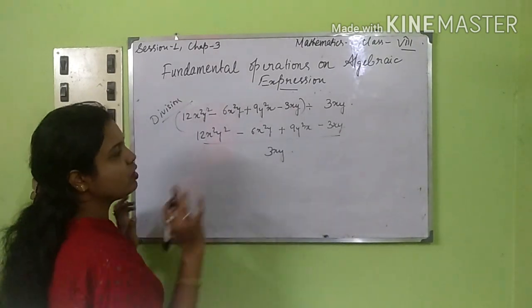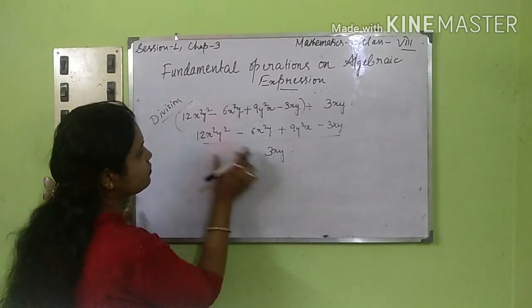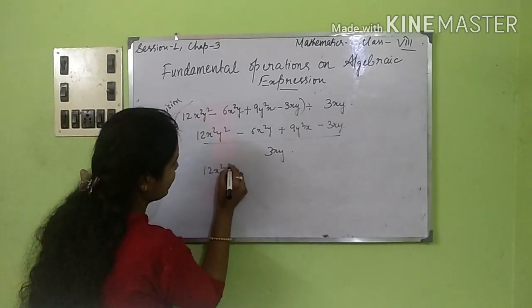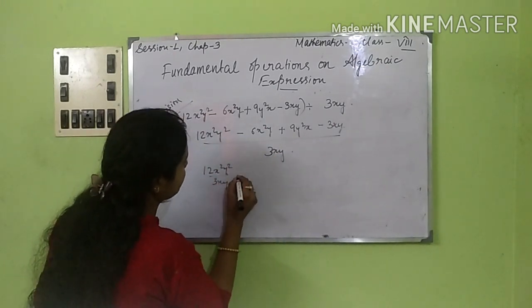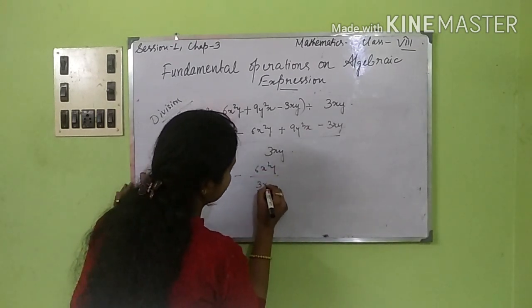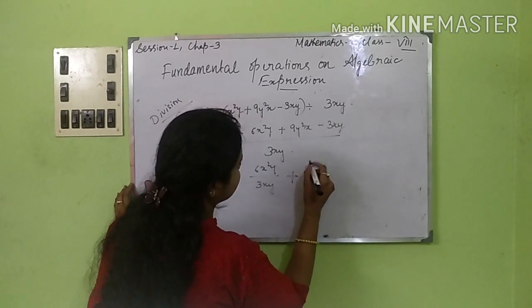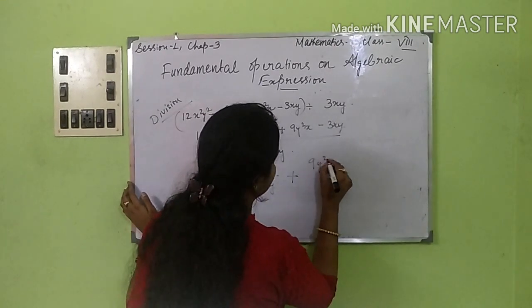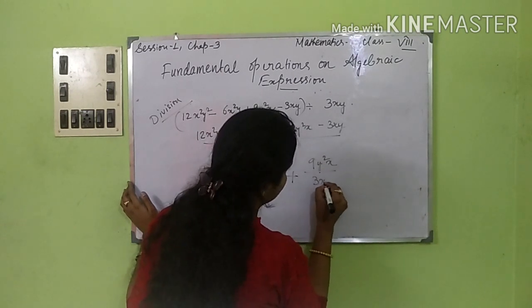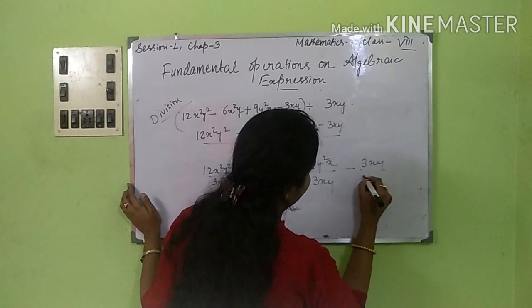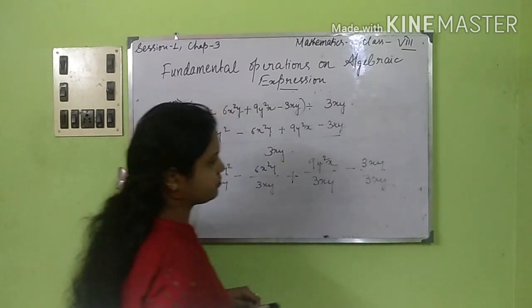As you are writing the whole divided by 3xy, that means each of these terms is divided by 3xy. That means 12x²y² by 3xy, minus 6x²y by 3xy, plus 9y²x by 3xy, minus 3xy by 3xy.